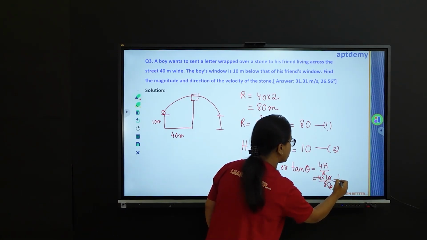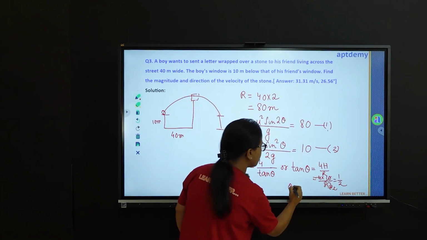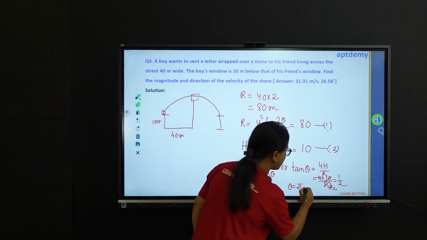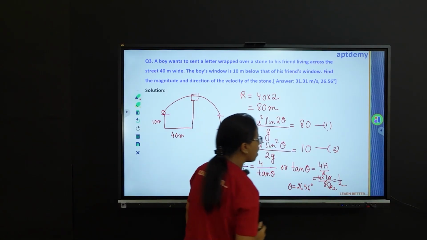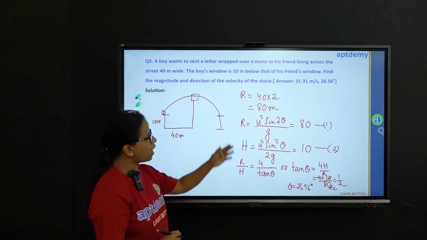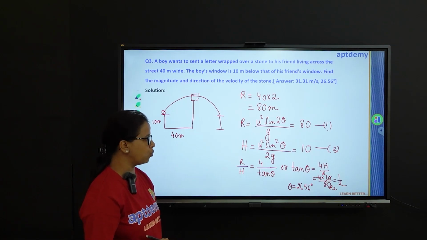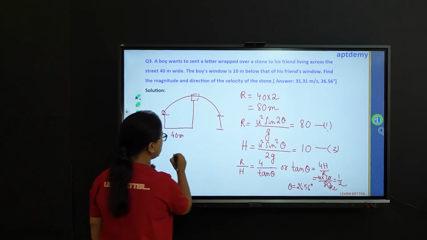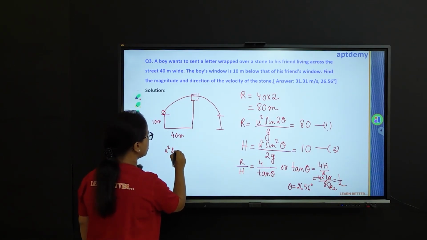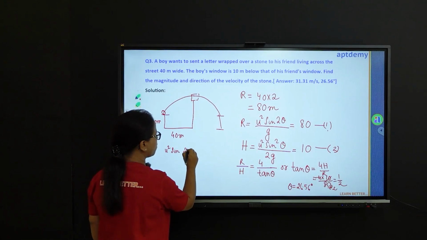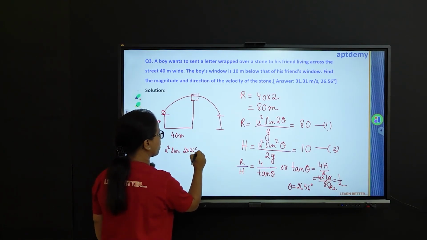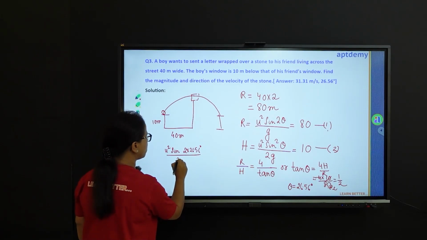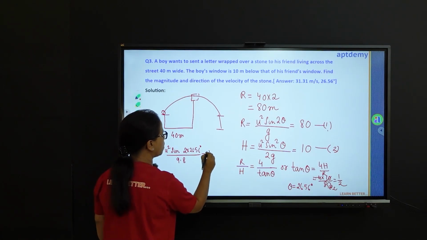Half, or we can say tan theta is 0.5, or theta is equal to around 26.56 degrees. Now substitute this value of theta in any of the above equations to get the value of u. Suppose we are using the first equation, u square sine 2 times 26.56 degrees by g, that is 9.8, is equal to 80.